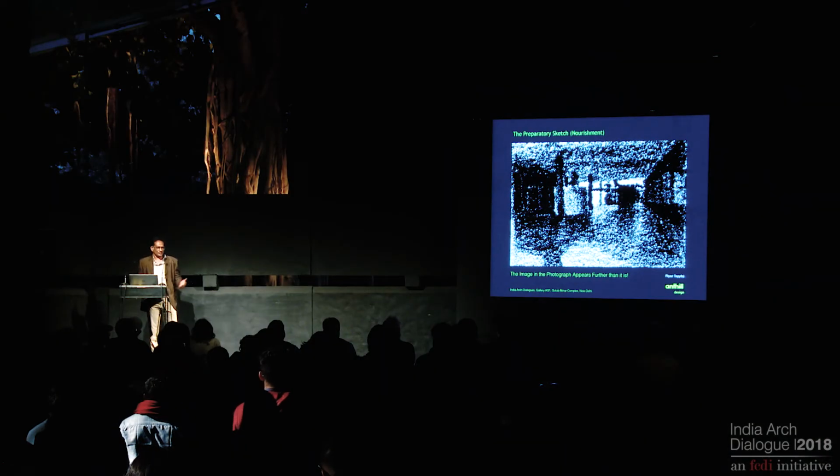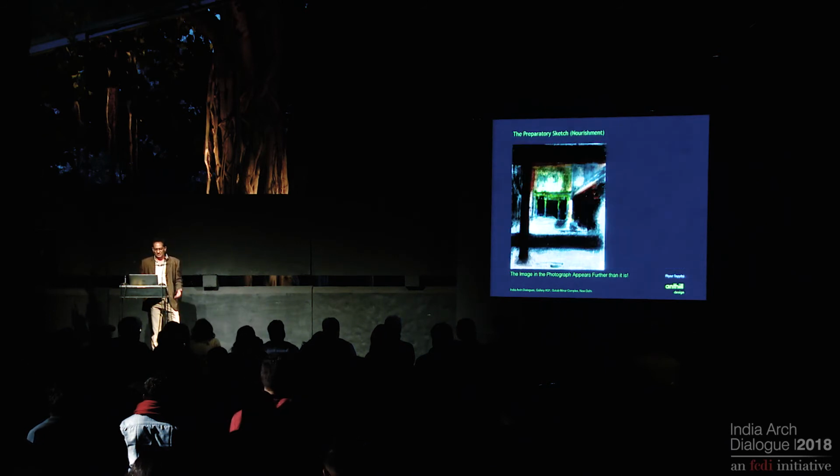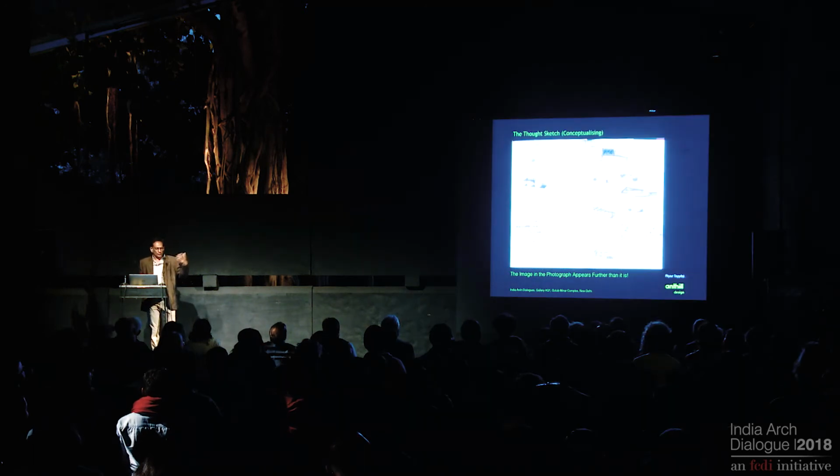We are all familiar, and every office and every practitioner will have their own ecology of images. And this will range from the preparatory sketch, the ones that we make to record and internalize spaces that are important to us. There are, of course, the conceptual sketches and those which we use in order to think out architecture.